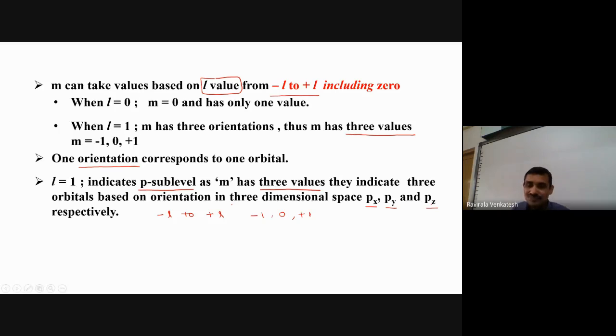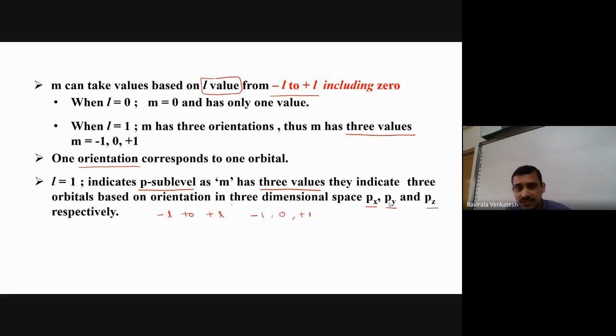That means the electron present on the z-axis is in the pz orbital. The electron present on the y-axis is called the py orbital. The electron present on the x-axis is called the px orbital. So three values are present for the p orbital, where l is equal to 1: px, py, pz.